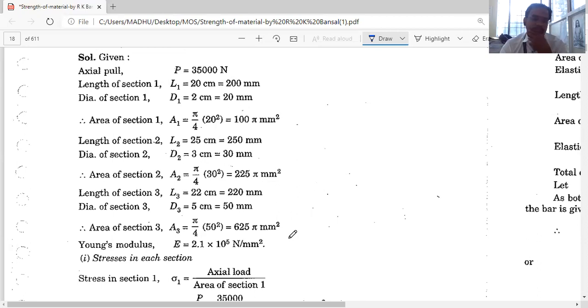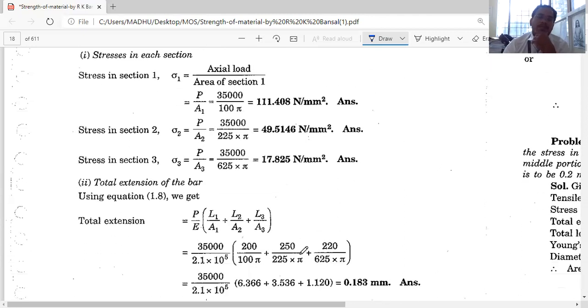Stress in each section is determined here. Axial load by area of section 1, it is 111.408 Newton per mm square. Stress in section 2 is P by A2. Area 3 is 625 pi.